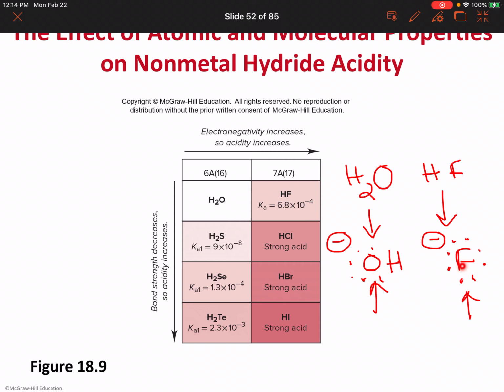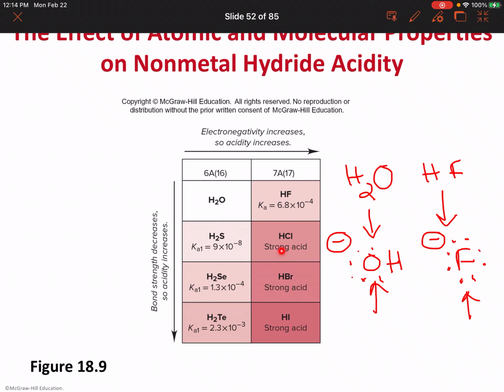So fluorine is happy to take this negative charge and can stabilize it compared to oxygen. Therefore fluoride is more stable compared to the hydroxide ion and makes HF a stronger weak acid compared to water.